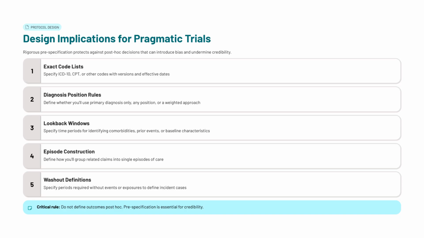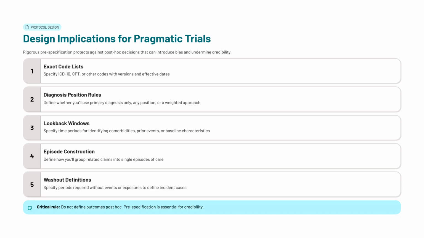So what do we do about all this? The main strategy is rigorous pre-specification. Define exact code lists, including versions and effective dates. Specify diagnosis position rules, such as primary diagnosis only versus any position. Define look-back windows for the history of previous illnesses and events.